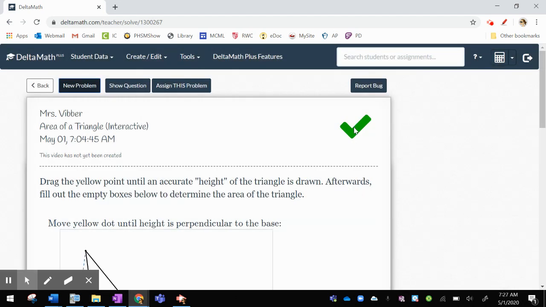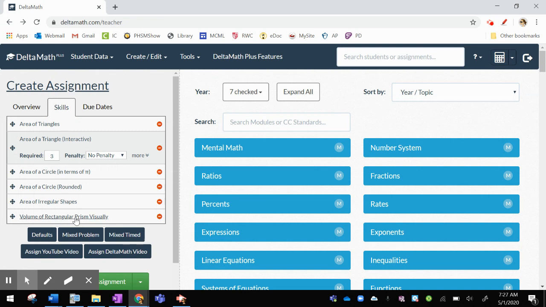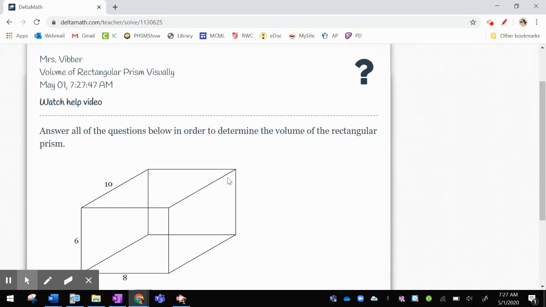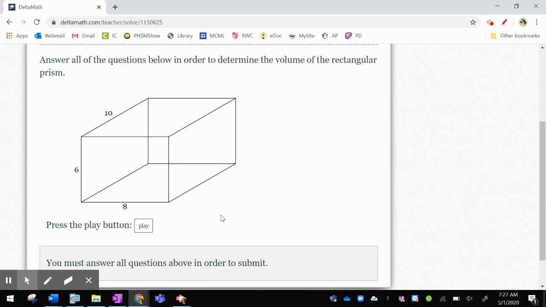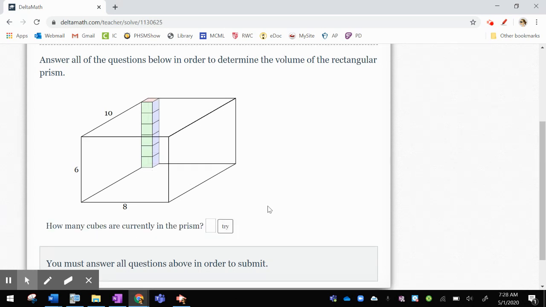Ta-da! Now, the other type of problem you're going to need to do, which is a little creative, is volume. So here's the volume of a box, okay? Now, we could just do 6 times 8 times 10 and get the volume, but we wanted to show you kind of visually what volume represents. Since volume is the region inside the shape, it's going to ask us, what are all of these things? So this right here is how many cubes?